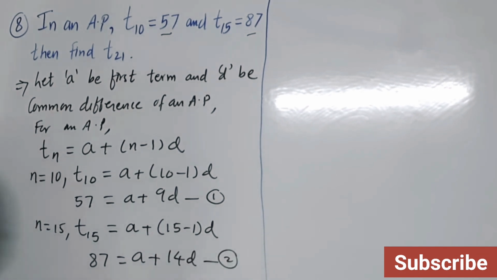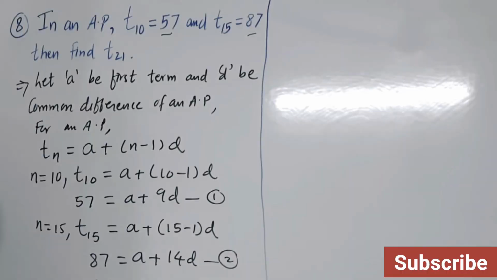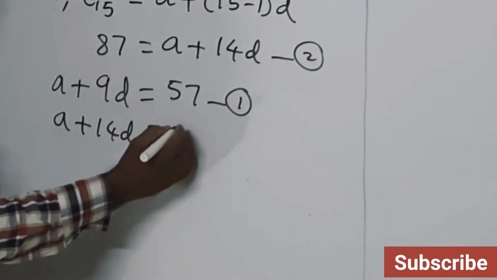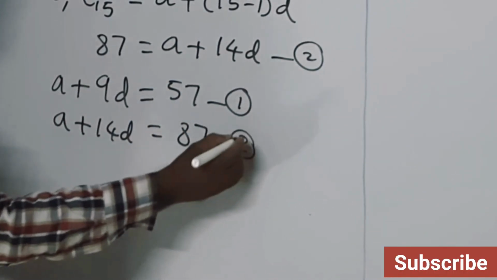So 87 is equal to a plus 14d, equation number 2. Now, taking both equations together: a plus 9d is equal to 57, equation number 1, and a plus 14d is equal to 87, equation number 2.